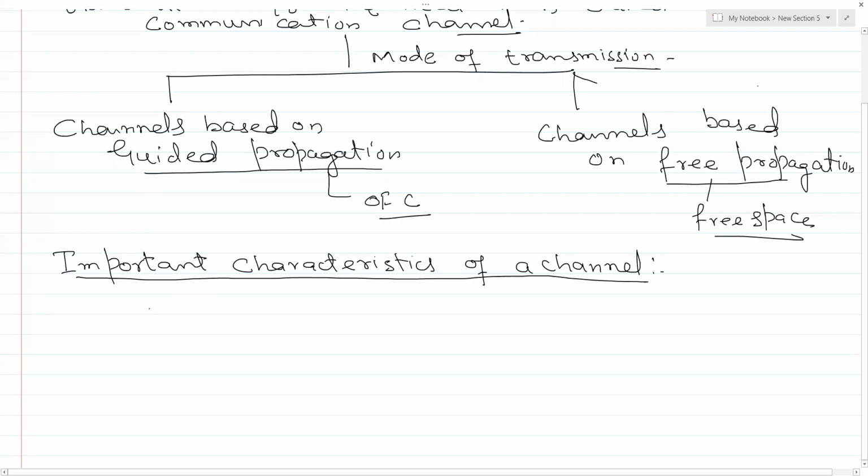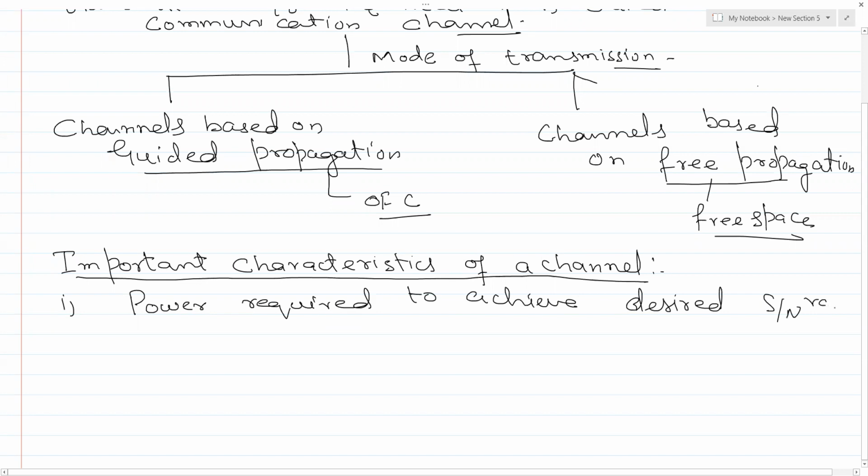So the important characteristics of a channel are, first, the power required to achieve the desired signal to noise ratio.